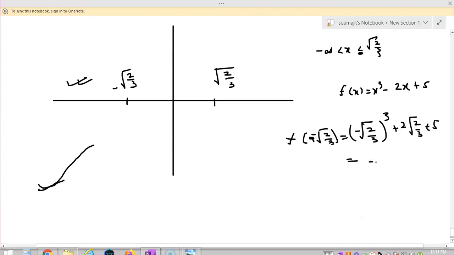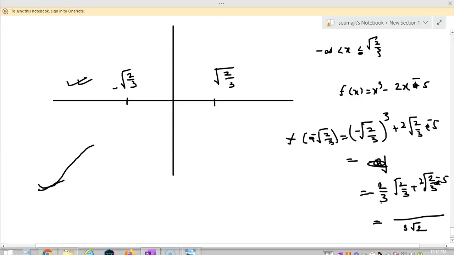minus of 2 root 2 by 3 root 3 minus root 2 by 3 plus 2 into root 2 by 3 minus 5. So this is nothing but, just a second, it is minus.